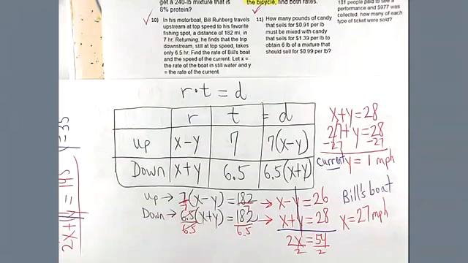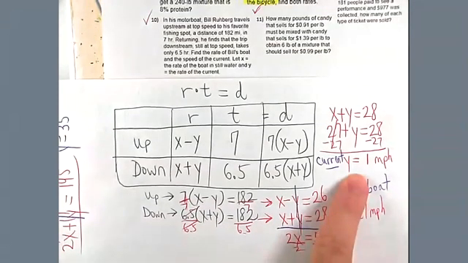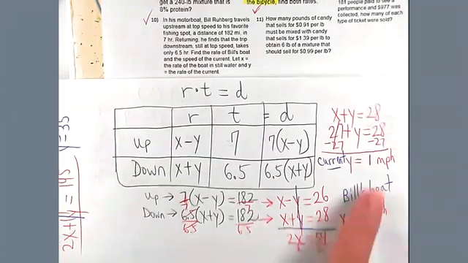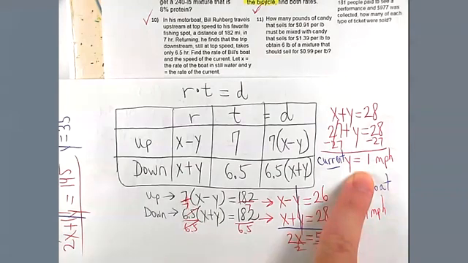Now, if you get for the rate of the current something like 787 miles per hour, Bill is traveling, isn't he? Yes, Bill is quite fast.